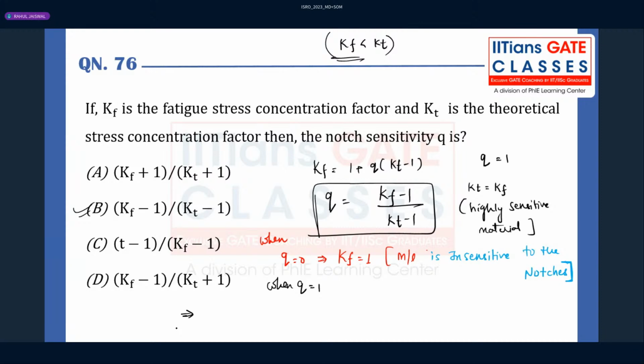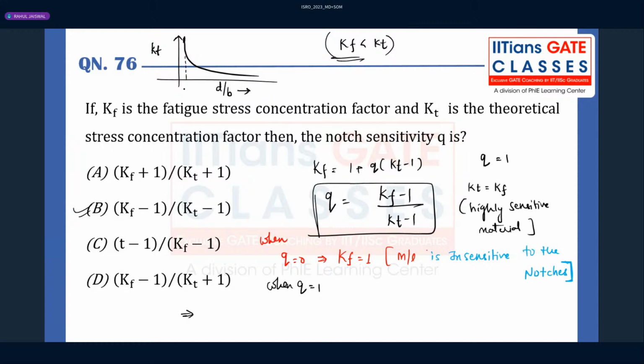Now, what is the general range for Kt? For any of these factors, the value varies from 0 to 1, so make a note of it. But the Kt value can go from 1 up to about 3, because Kt depends on the D by B ratio, diameter to width ratio.